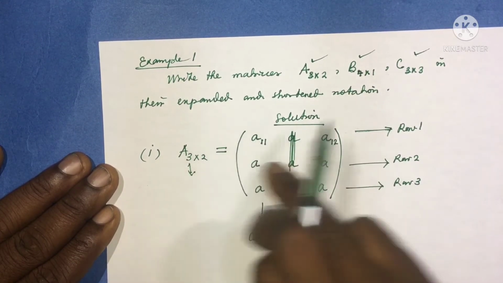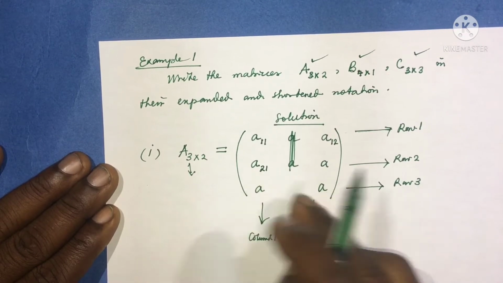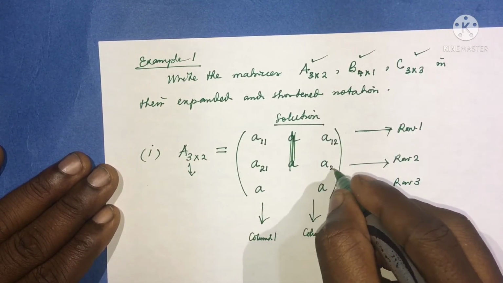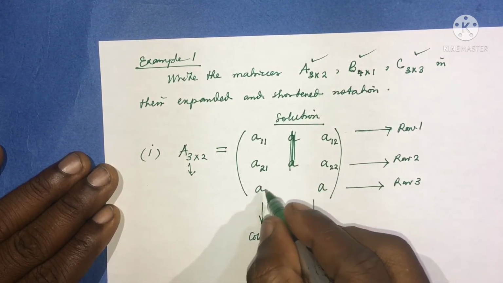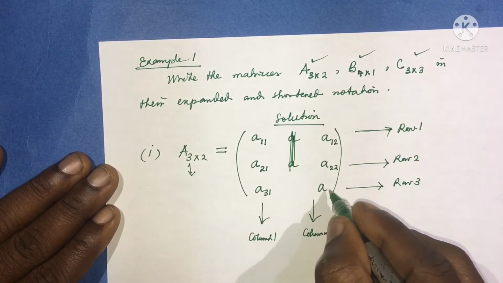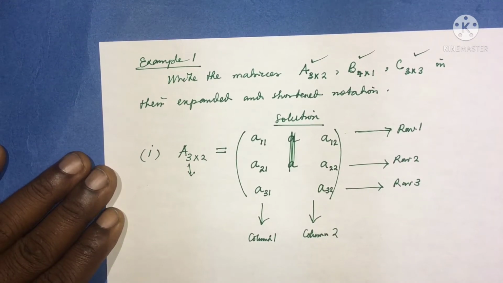This one will be row 2, column 1, so this will be a21. The second will be row 2, column 2, so a22. This will be row 3, column 1, and this will be row 3, column 2. So this gives the expanded form of this matrix.